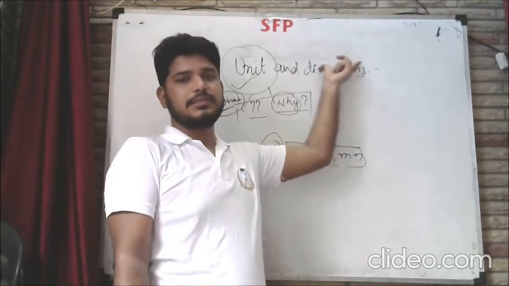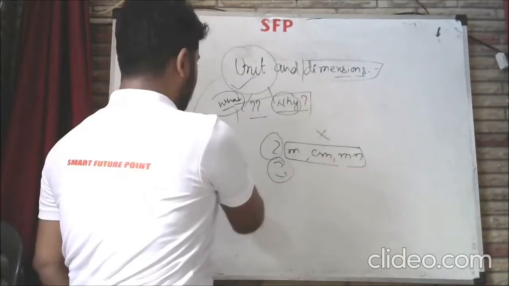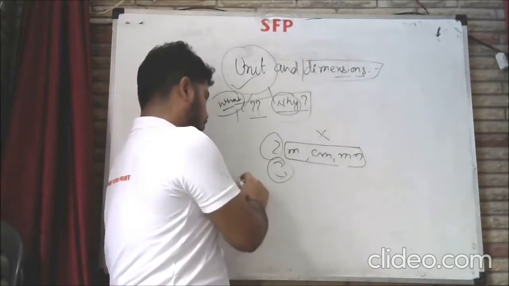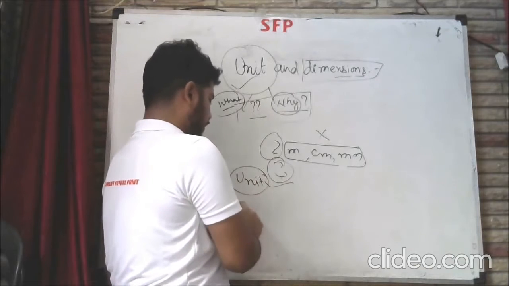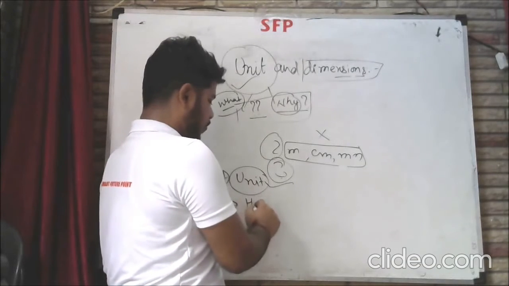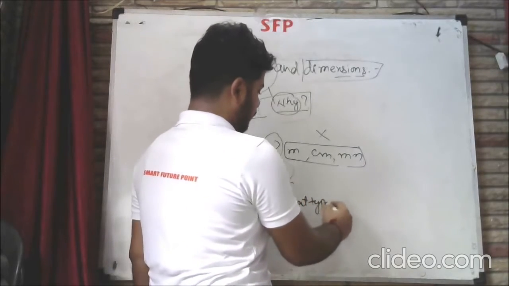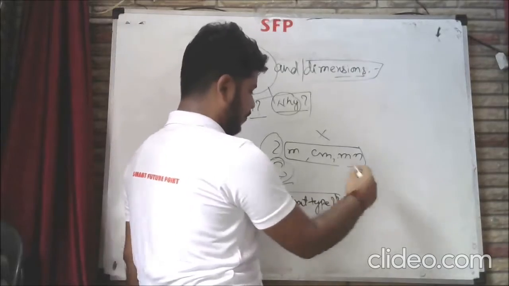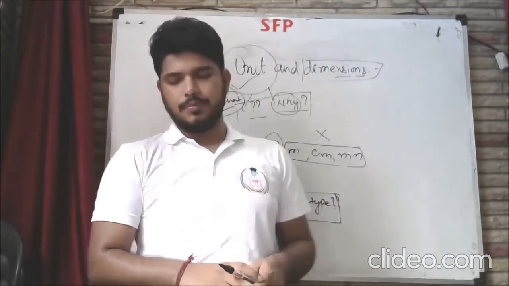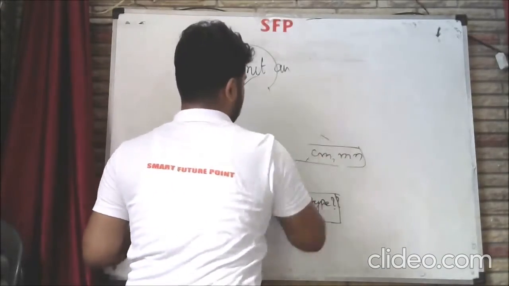Dimension, we will discuss later in this chapter. First, focus on units. Now we have understood what a unit is and why we need it. Second thing is what types of units there are. Basically we divide units broadly into two parts.